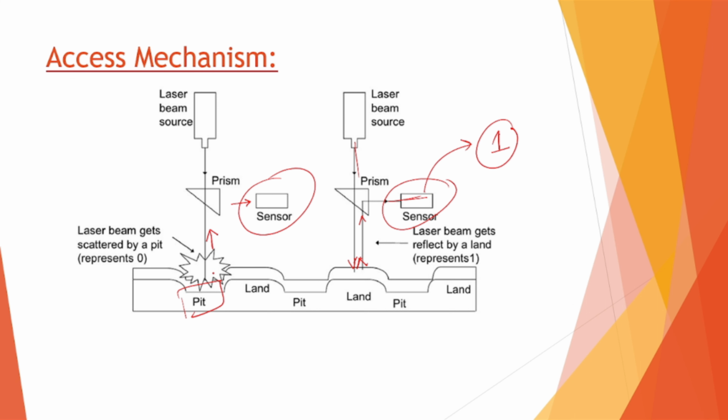Where there is no full reflection and the sensor cannot detect it properly, 0 is considered. Hence, from this surface, the pattern of ones and zeros can easily be accumulated.